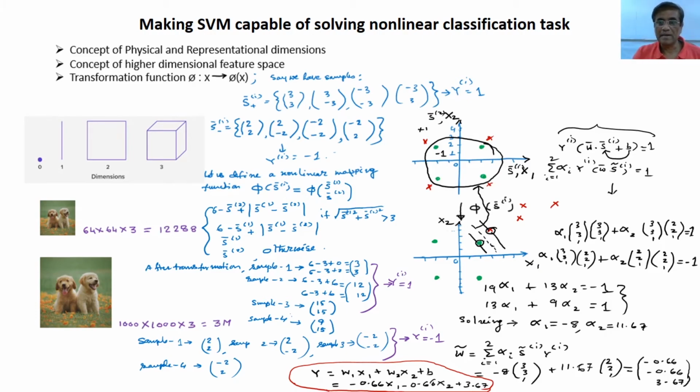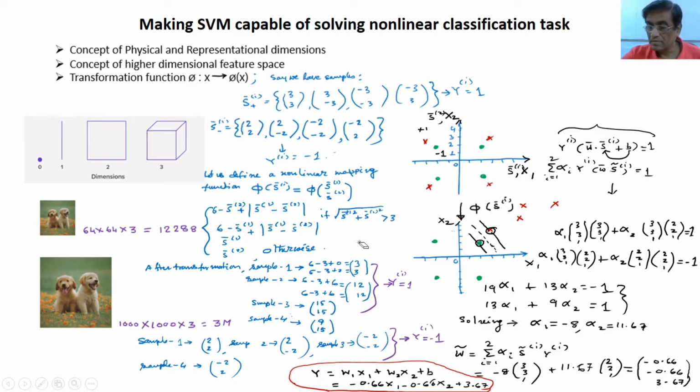But if you want to come back to the original domain, then of course the decision boundary will take this shape, okay, because inverse phi mapping will take that shape into this shape. That's it. Then what is the problem?